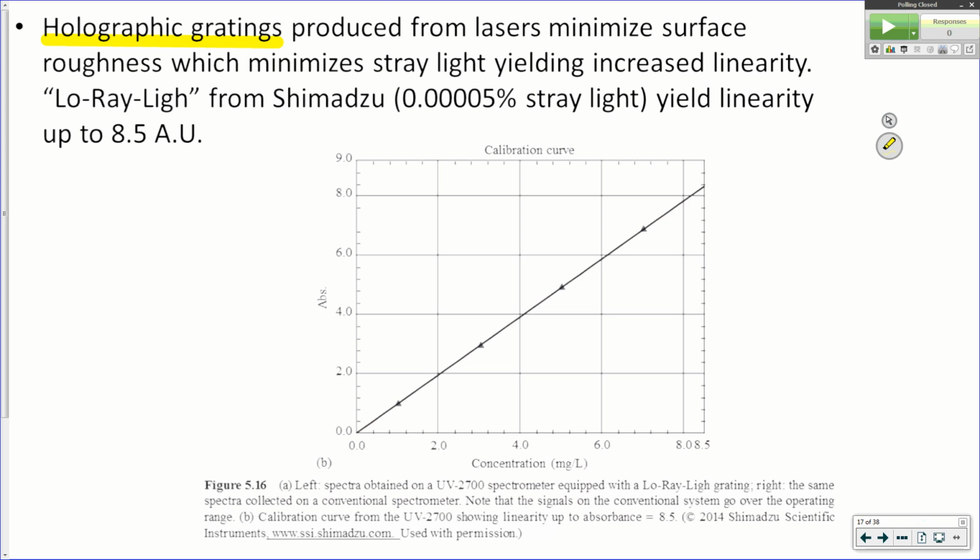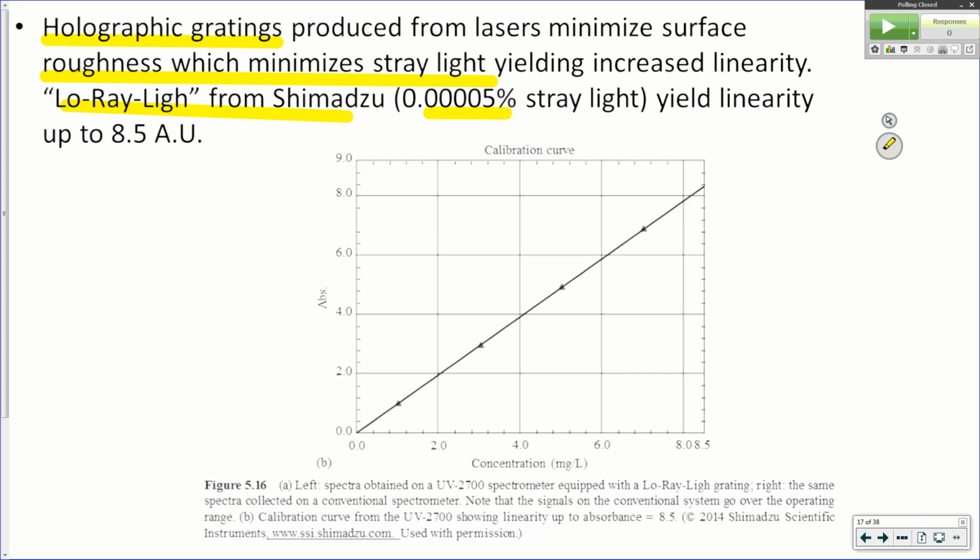With that, they can control the processing so that the gratings are very smooth, and the smooth surface minimizes the stray light. Shimadzu has an example called the Low-Ray series, and their stray radiation is 5/10,000%. It's really, really high quality stuff.